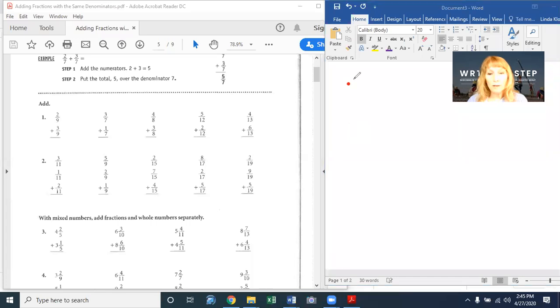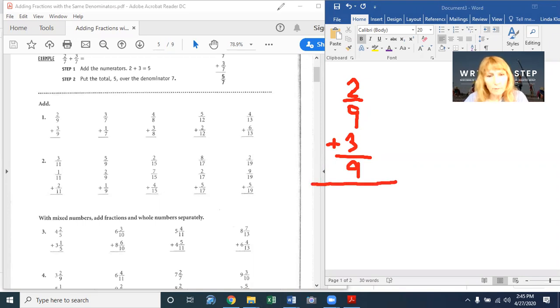So 2/9 plus 3/9. And you can see these written across or you can see them written up and down.